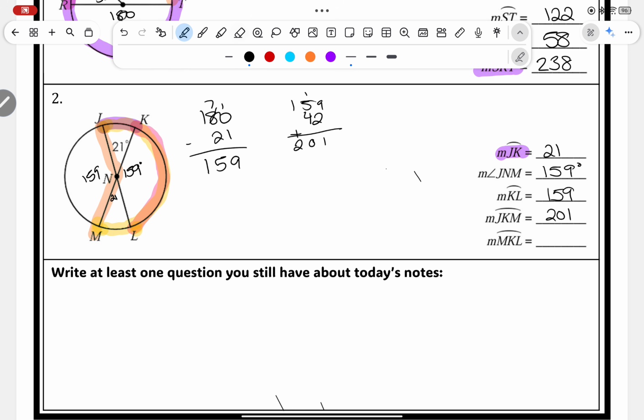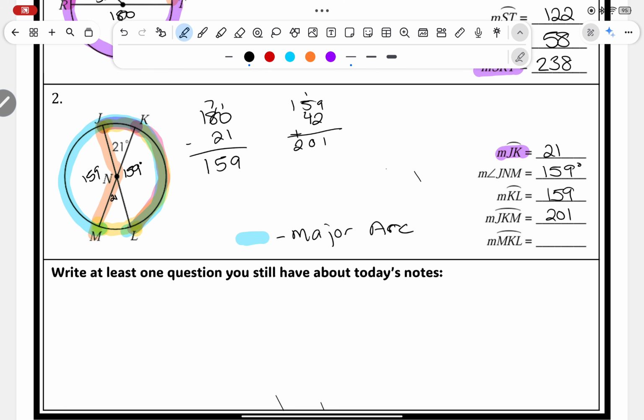And the last measurement it's asking me to solve for is MKL. This, my blue arc I just highlighted, is known as a major arc. Again, I'm touching 3 letters, which is what makes it a major arc, while any one that only has 2, such as KL, is known as a minor arc.